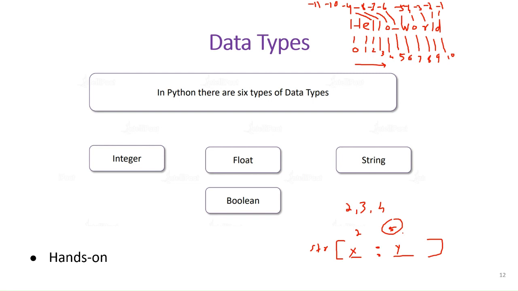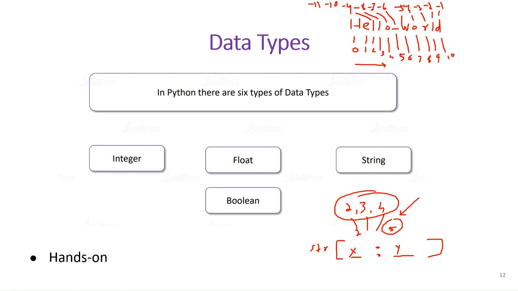Those who created this instruction framed it like this only. 2 to 5 means 2 will be printed, the next is 3, next is 4, and 5 will not be printed.